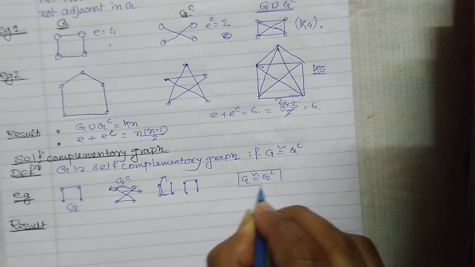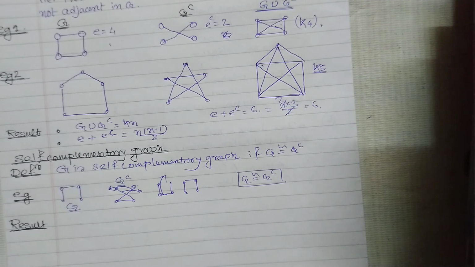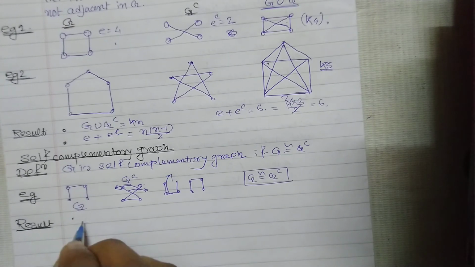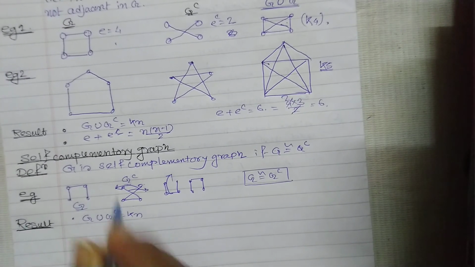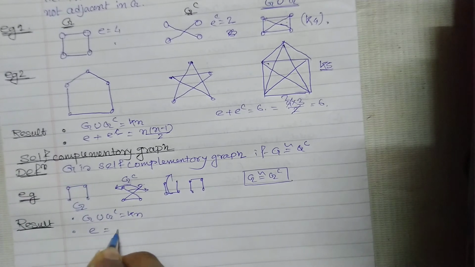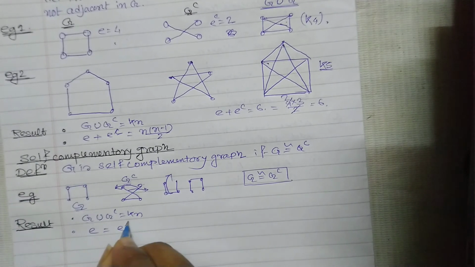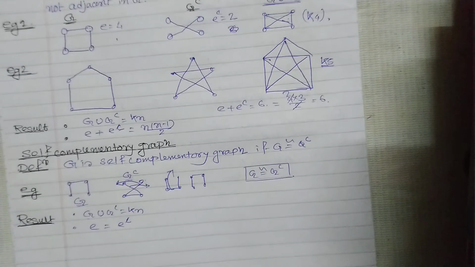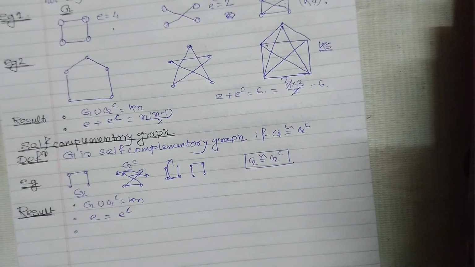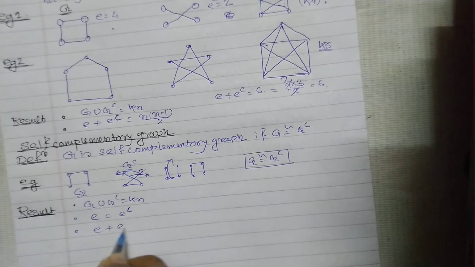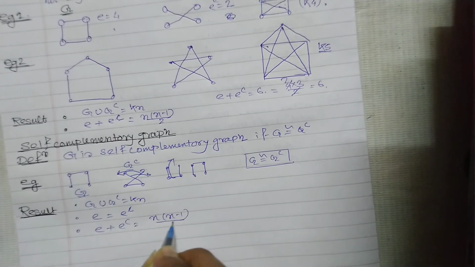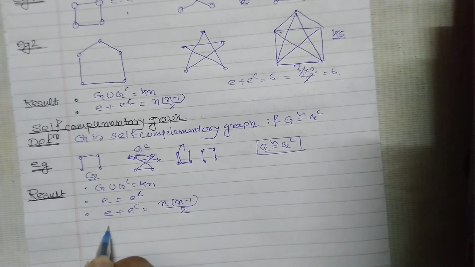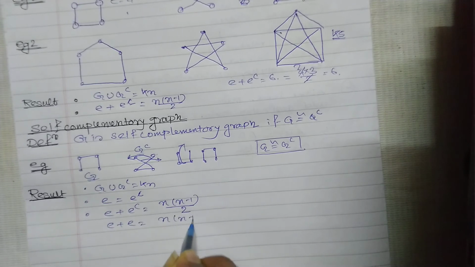Now there are some important results we can get from here. The first is G union G complement is Kn, that is already proven. Now E equals E complement. We can verify this graph has 3 edges, and this one also has 3 edges. Now we can write that E plus E complement is n into n minus 1 by 2. Here E equals E complement, so E plus E is equal to n into n minus 1 by 2.